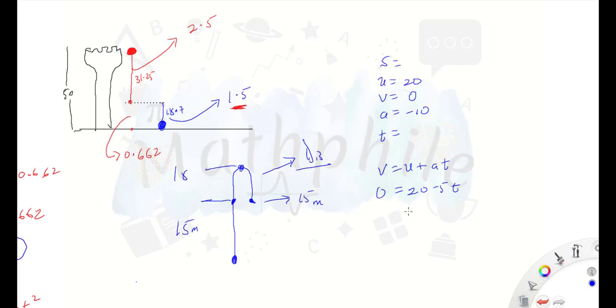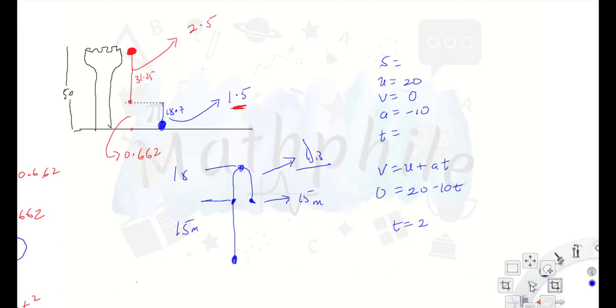Why do you make it negative 5? V equals u plus at. The a is negative 10. Oh, okay, sorry, I'm so used to the half at squared. So t is 2 seconds.